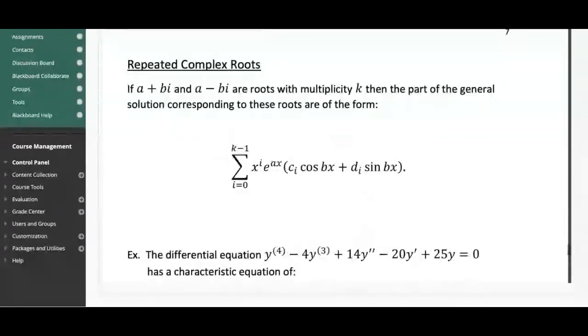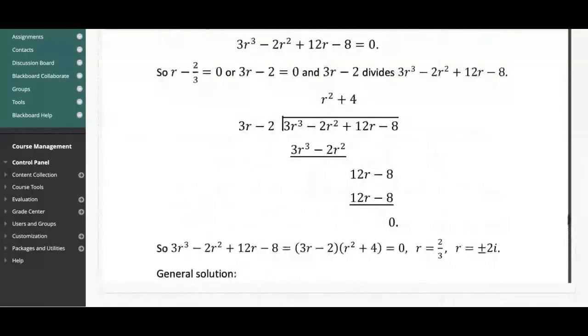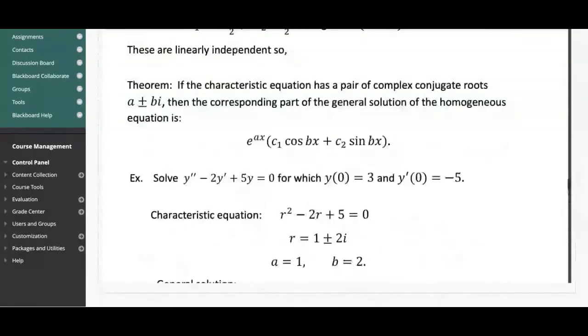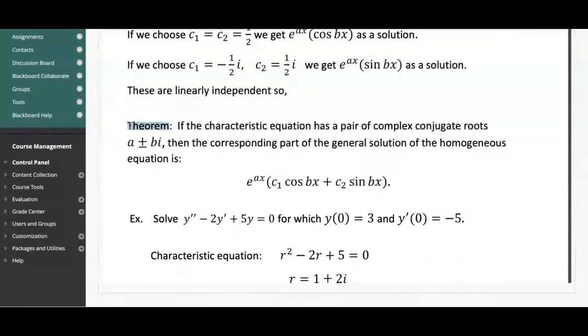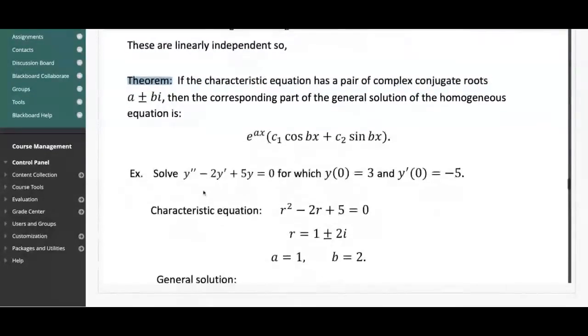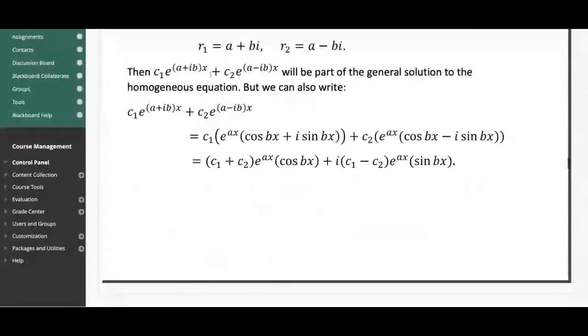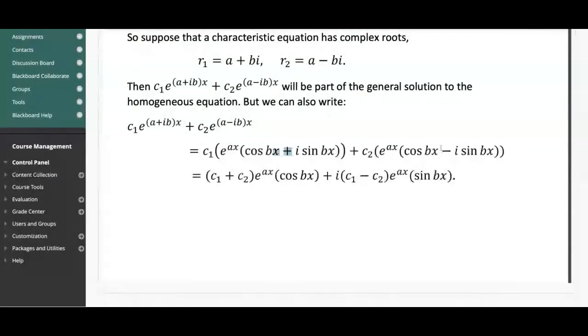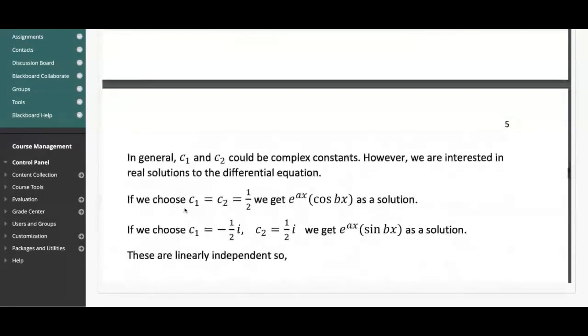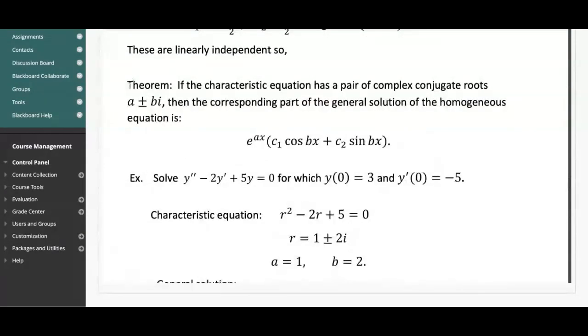Okay, so let's go back to this theorem. I didn't spend enough time on this theorem. So before, we would have a plus, we would have a minus. We would have both roots, a minus bi, a plus bi. That's for before. But now we have this theorem. This theorem is saying if we have complex conjugate roots a plus bi, the corresponding part of the general solution of the homogeneous equation is this.